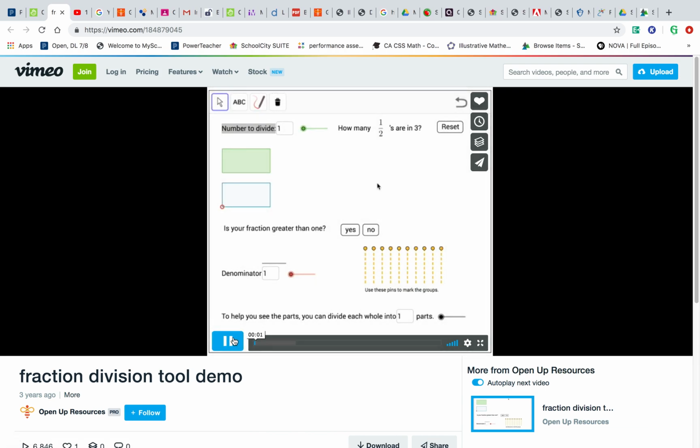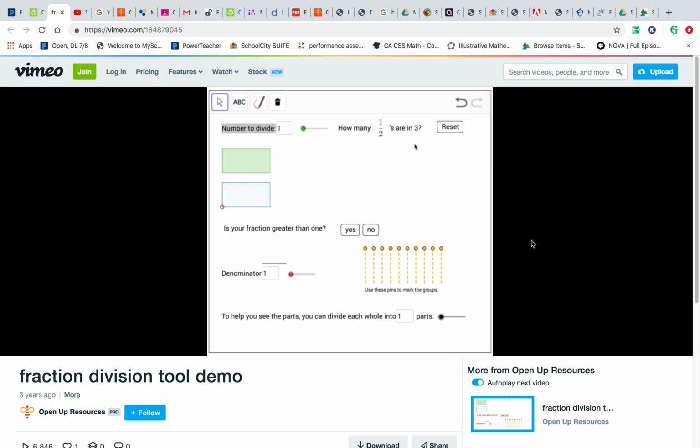Hello, I'm going to use this tool to show how many 1/2s there are in 3. So first I need 3 if I'm going to figure out how many halves there are in it. So I can either use this slider to set that value, or I can type in this box a 3 and press enter and it will set it to 3. I want to see how many 1/2s there are in it. So I'm going to set that number down here.